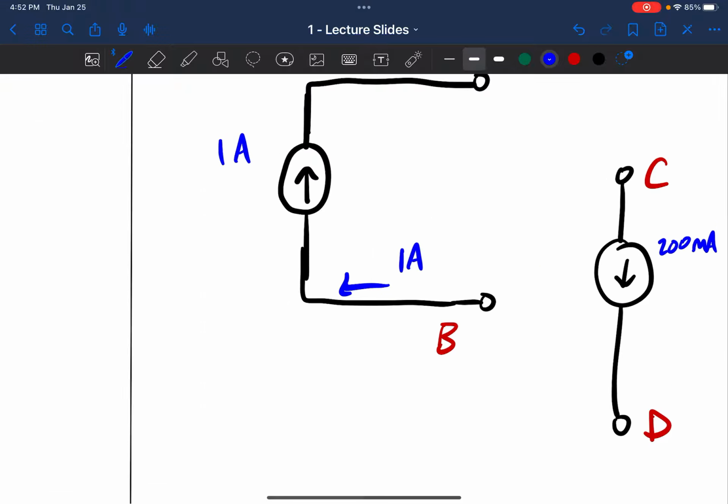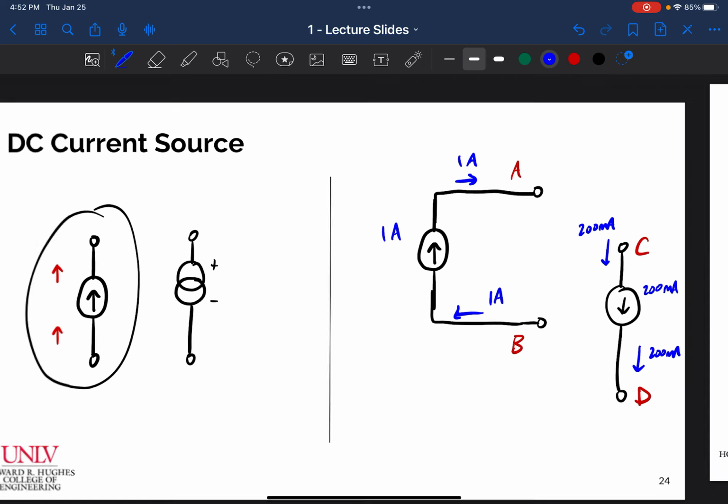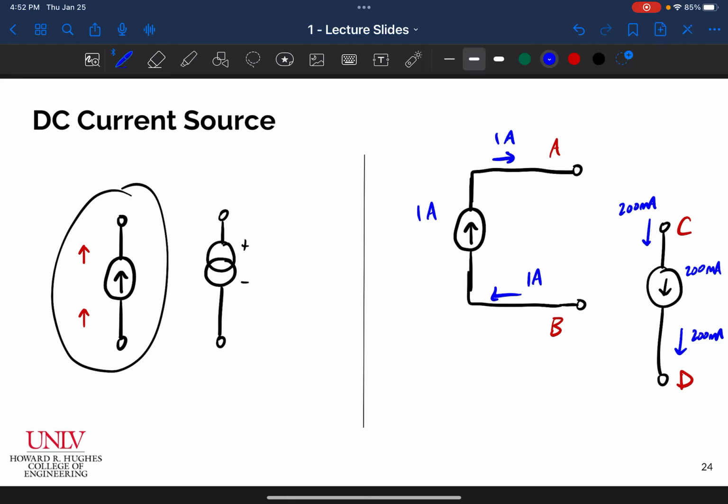Well, that guarantees that I have 200 milliamps flowing in and 200 milliamps flowing out.